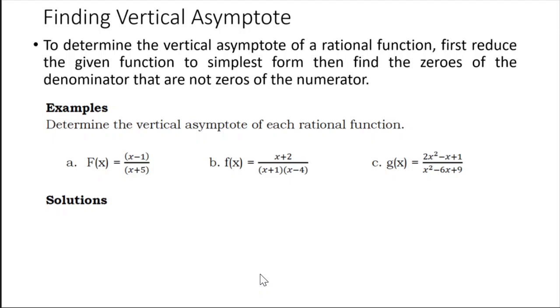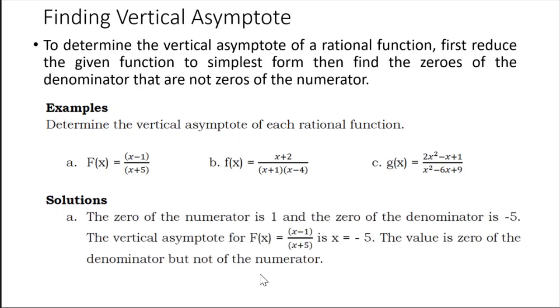So, examples: determine the vertical asymptote of each rational function. For problem A, f of x is equal to x minus 1 over x plus 5. For the solution of problem A, the zero of the numerator is 1 and the zero of the denominator is negative 5. So for the vertical asymptote of f of x, simply equate your denominator to 0. So x plus 5 equals 0.